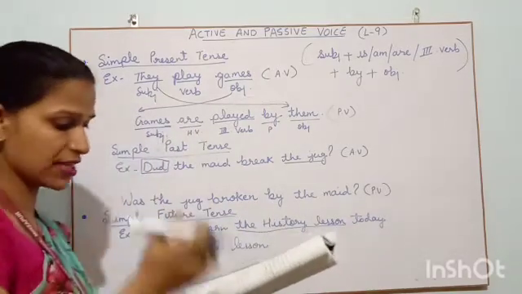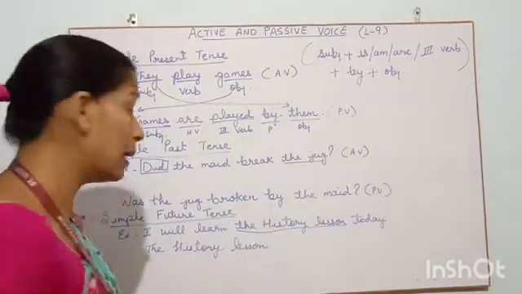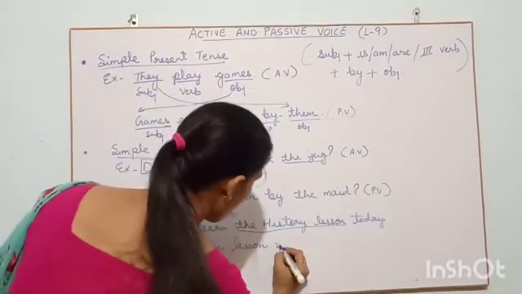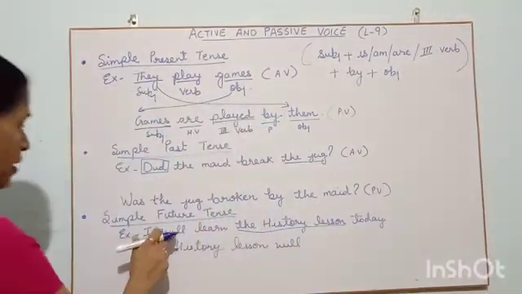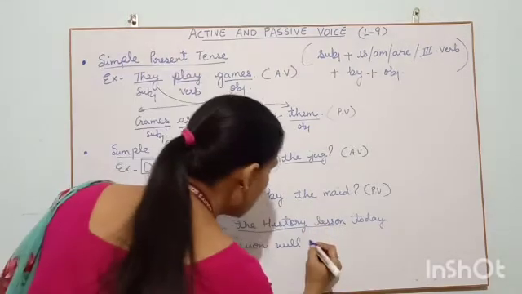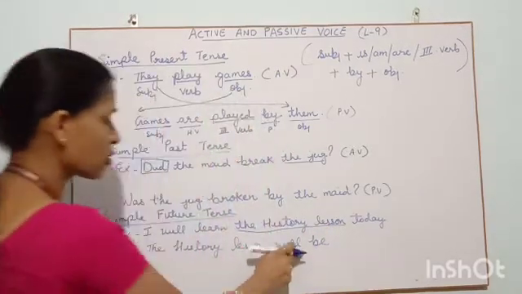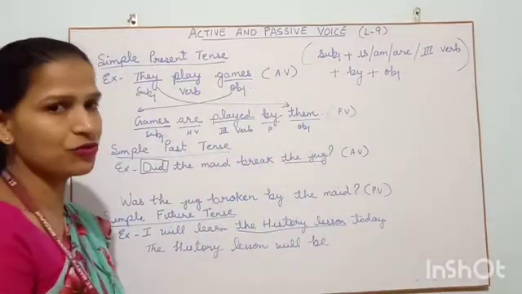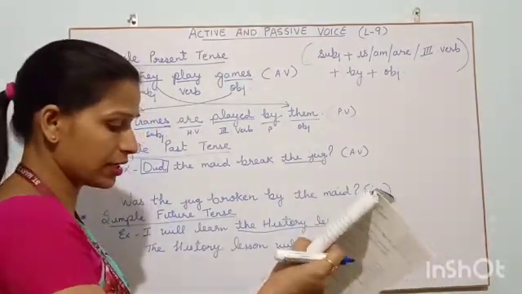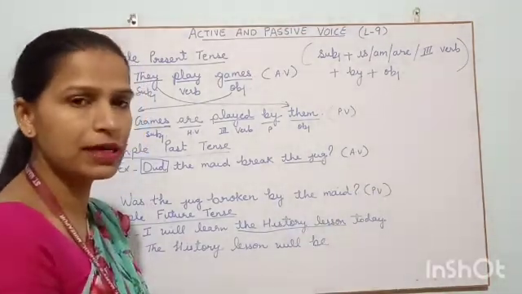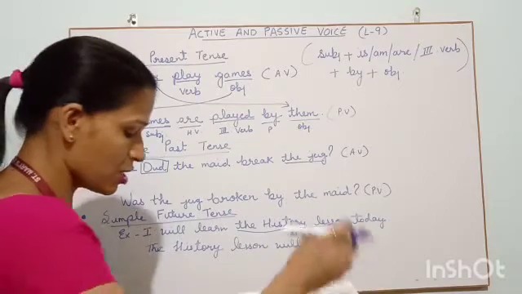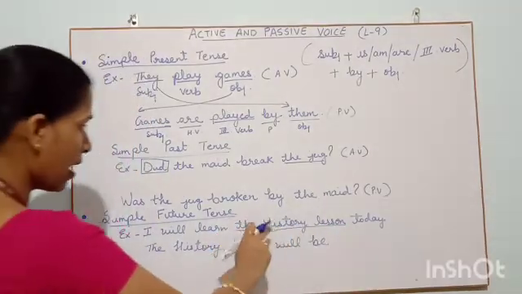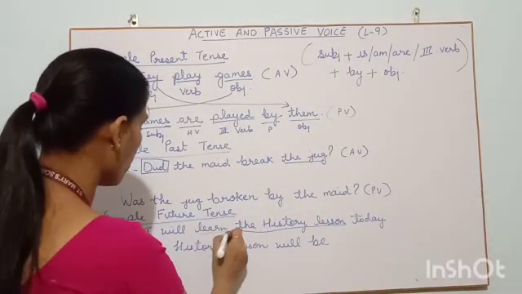What is wrong with the history lesson? Will be. According to the formula, you have to use the word be with it. Will be or shall be according to the sentence. So we have used will be, and learn is your verb.